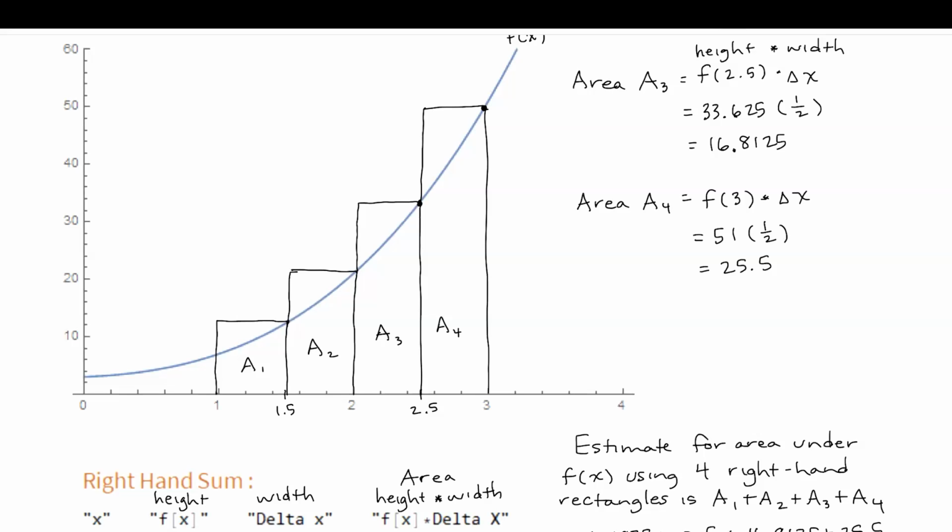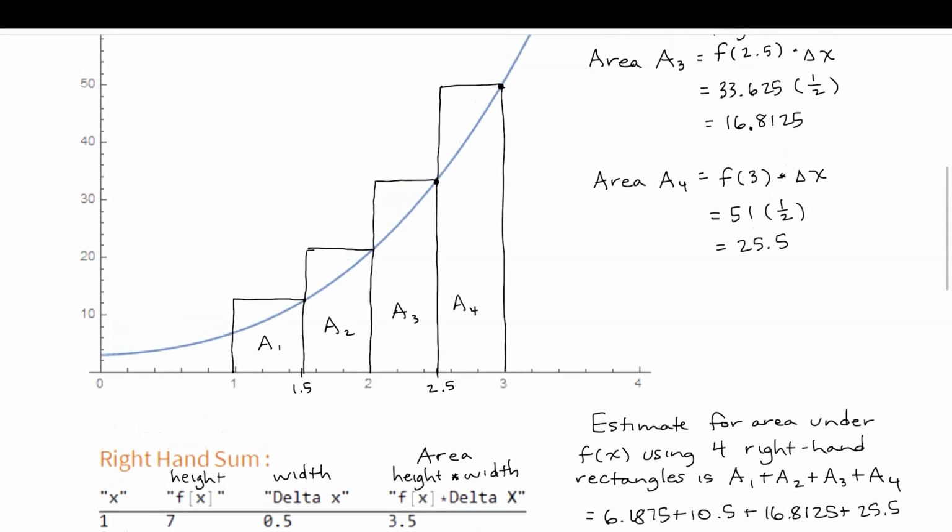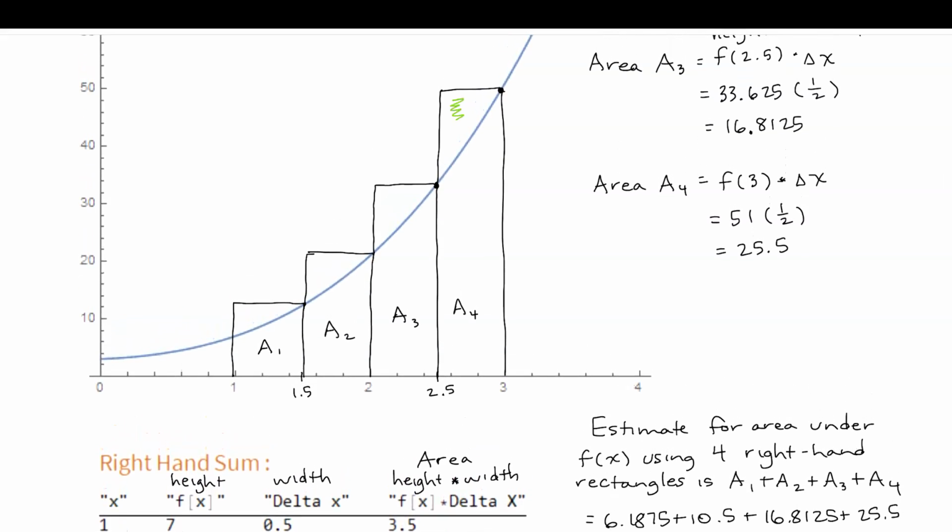Okay, now we can take an average. So again, you can see in this case that this right-hand sum area estimate is an overestimate. I have some area here, and some area here, and some area here. That's counted in the area I just calculated, but it's clearly not area that's under the curve, right?